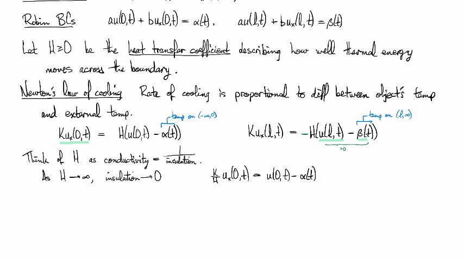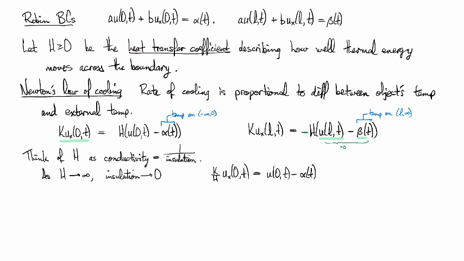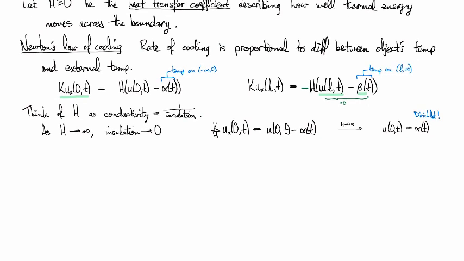And so as we take h to infinity, what happens is the left side of this disappears, and we just end up with u(0,t) equal to alpha. So this is perfect conduction, and from that we recover Dirichlet. So when there's no insulation between the endpoint of the bar and the external environment, then it should have exactly that temperature value there.